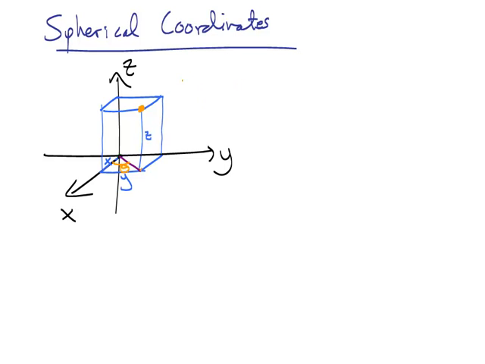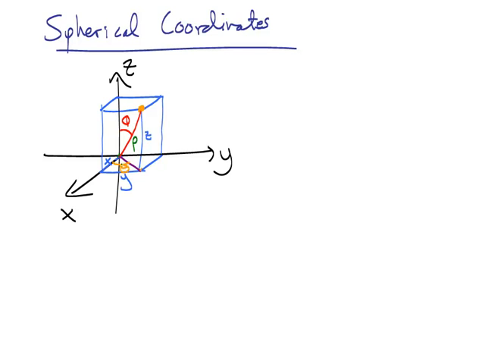Then you're going to look straight up the z-axis, and rotate until you are looking straight at the point. So you're looking straight up, and then you start counting off radians as you rotate your head down towards that point. That angle is what is called phi. And then you walk out a distance of rho units to that point.